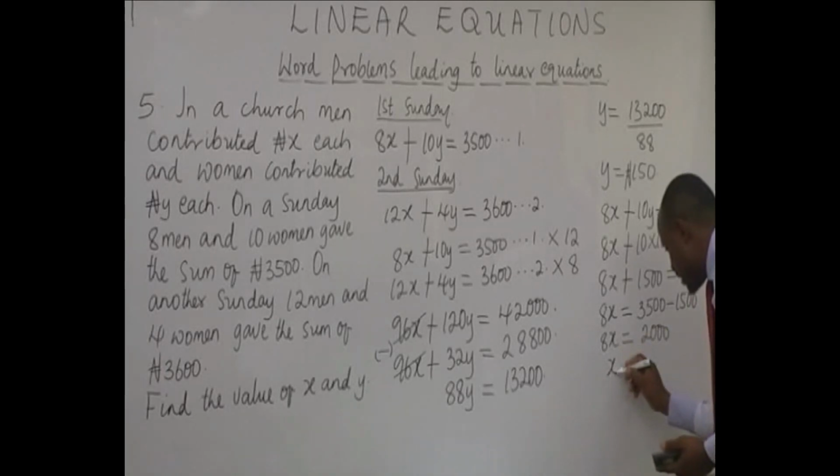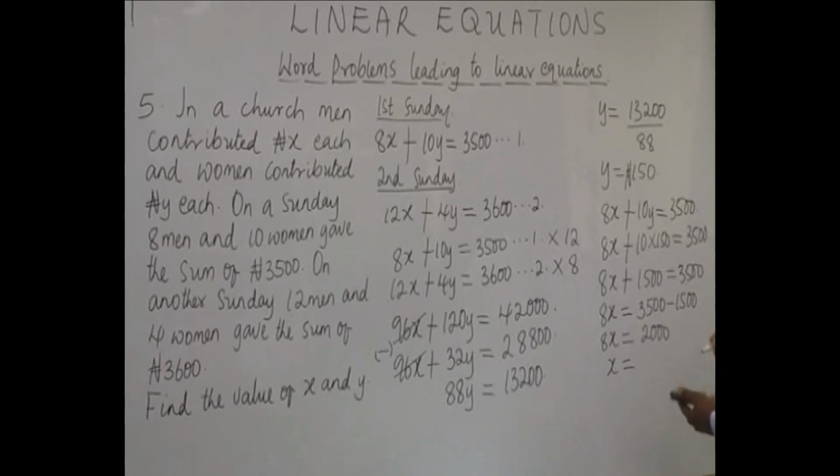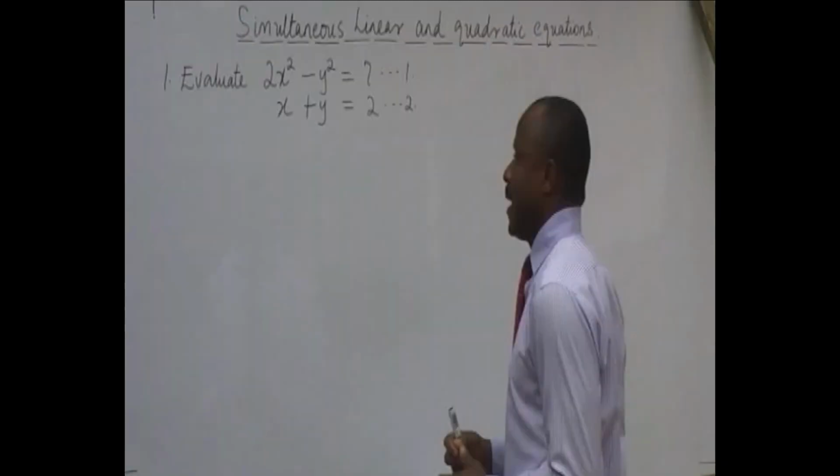Only x, dividing both sides by 8 would give you 2,000 divided by 8, 250. So that means x is 250 naira while y is 150 naira.